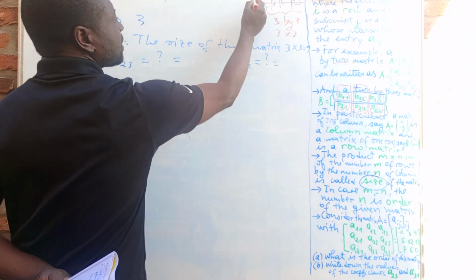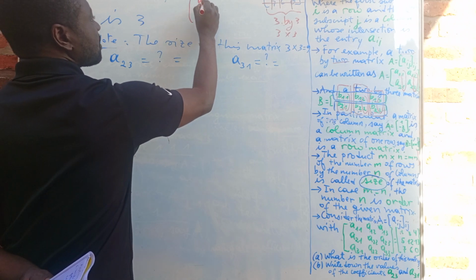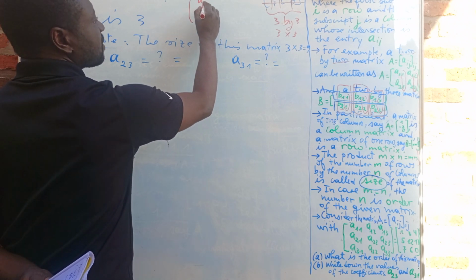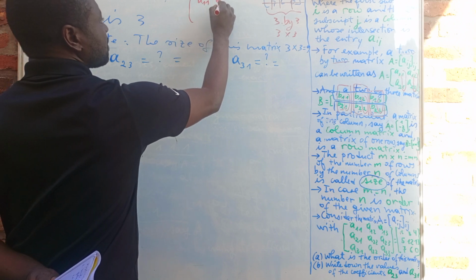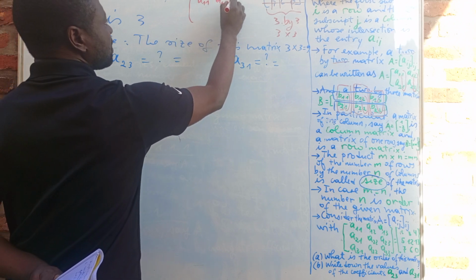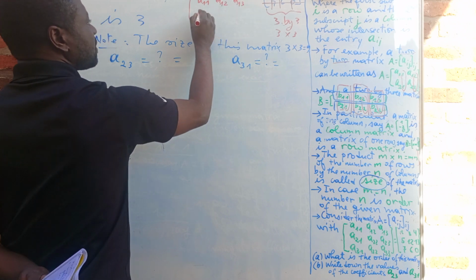For this matrix, first we have the first row, first column; first row, second column; first row, third column.